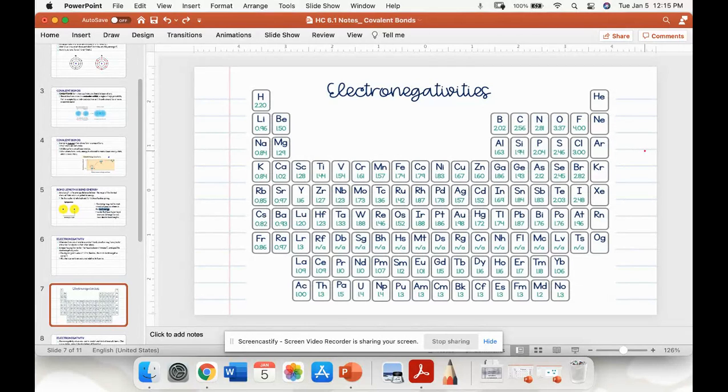The noble gases on the right-hand side don't have an electronegativity because they're stable. They aren't pulling in electrons at all. They have that full outer shell of valence electrons, so they don't need to pull in electrons because they're stable already.